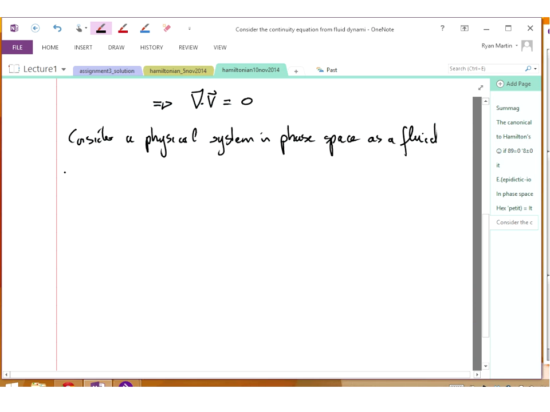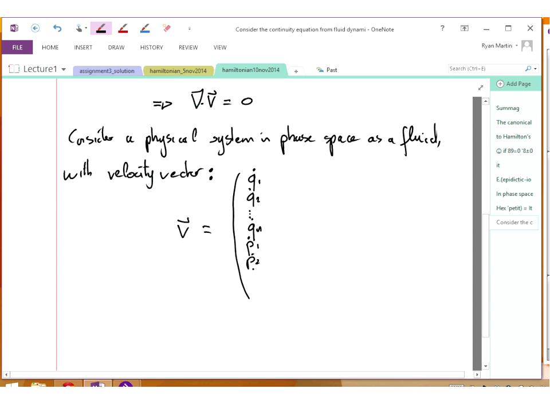Then the velocity vector in phase space, let me write it as all of the time derivatives of the space coordinates, and then all the time derivatives of the momenta coordinates.